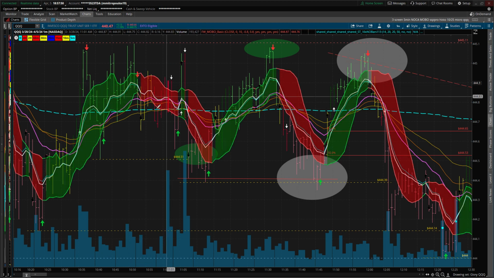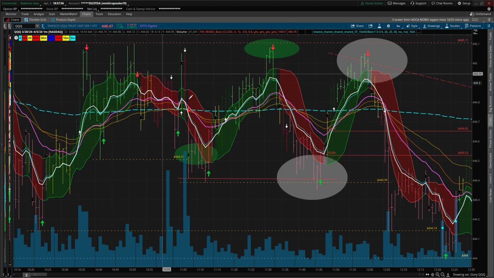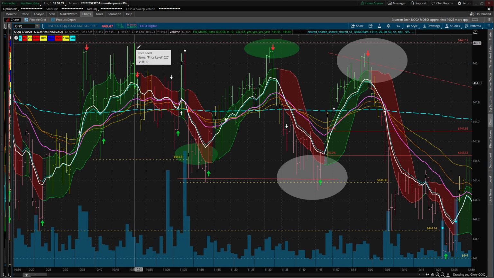But since I see these EMAs aren't giving much resistance to QQQ, I'm not worried about shorting near them and getting a breakthrough.